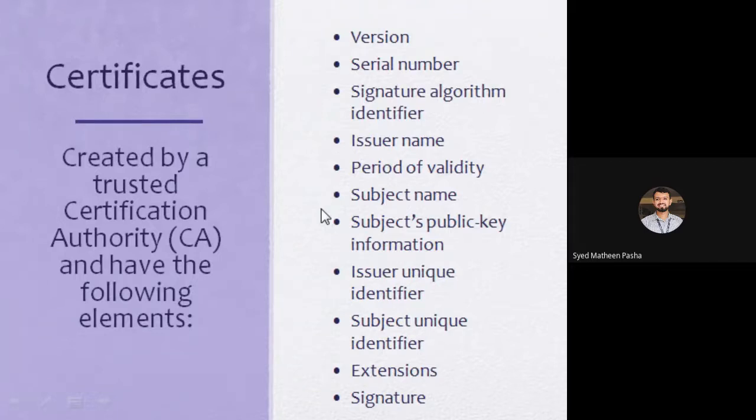So these are cryptographic certificates generated by the CA, the certification authority, for any kind of keys, that is, public key as well as private key. This is one of the 5-mark questions: what are the elements of certificates defined by certification authorities? So you should remember all this.